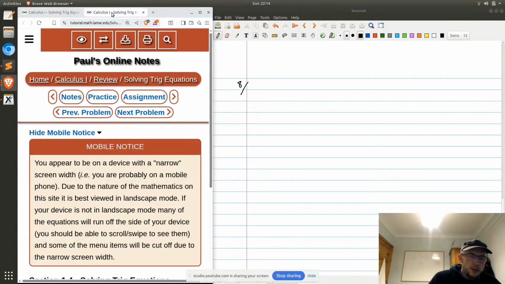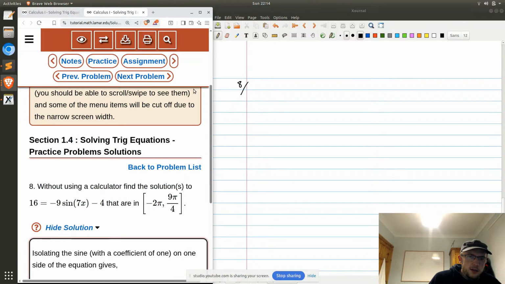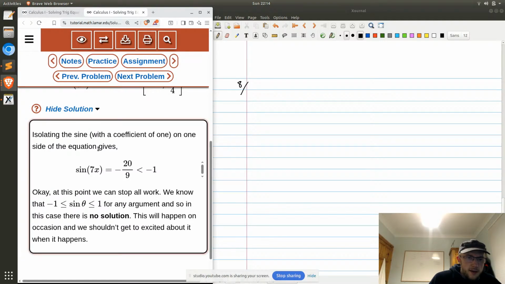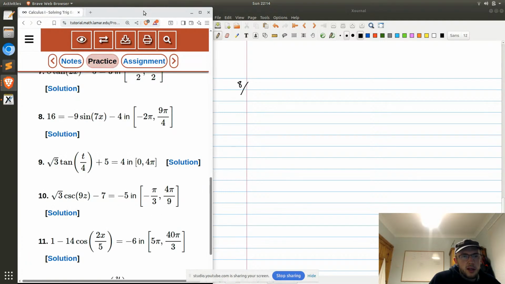Is this a misprint or... Because he said exact solutions. Okay. It was like a trick question type thing. Right, okay, so sine of 7x is equal to 20 over 9, which is impossible. Right, okay, I should have thought about that a little bit longer before checking, but anyway.